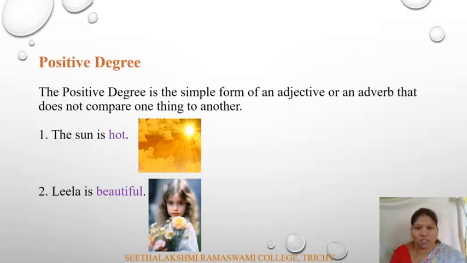Yes, this offers no comparison. It just tells us about the existence of a quality. The sun is hot. Leela is beautiful. Here, the sun is not compared to any other planet, and the girl Leela is not compared to any other girl. So, hot and beautiful are in positive degree.